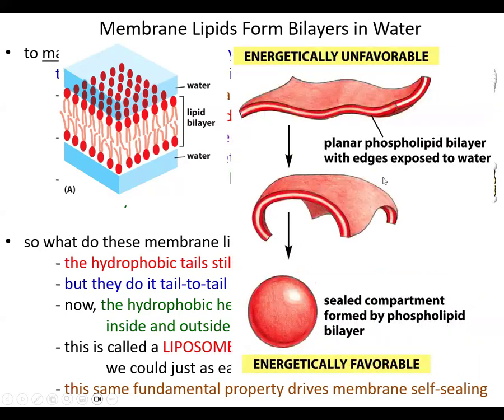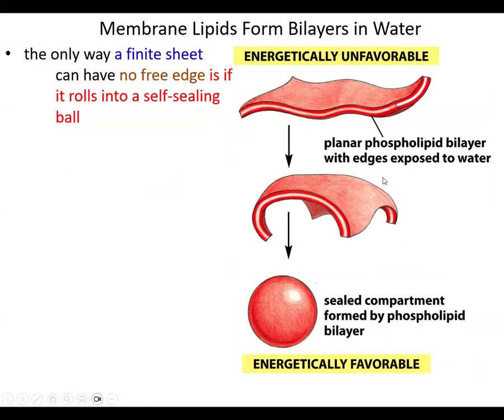So let's imagine that we've made a sheet of this bilayer, not a sphere, but a sheet of this bilayer. Well, since it's a planar sheet, where we see this white strip, this is all hydrophobic tails exposed to water now along the edge. Well, the water around this edge is going to be very ordered as that water tries to contend with hydrophobicity, and that's going to decrease entropy.